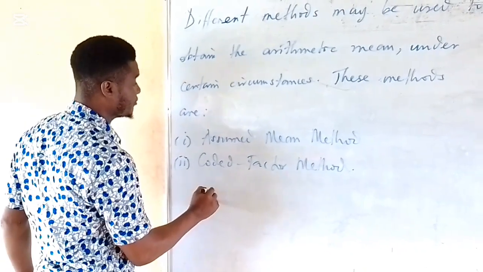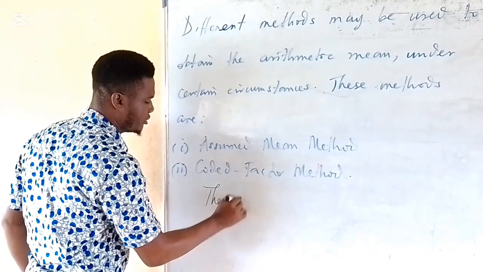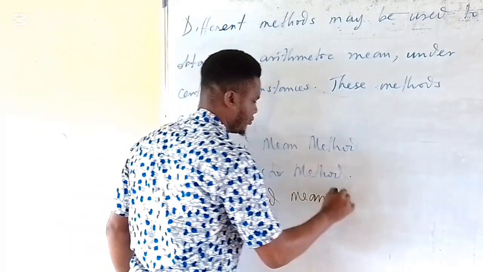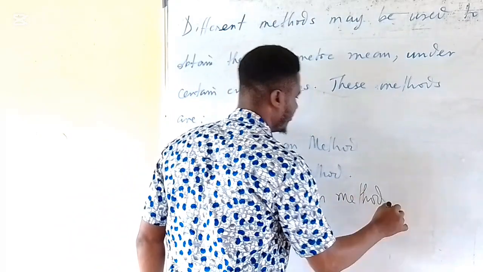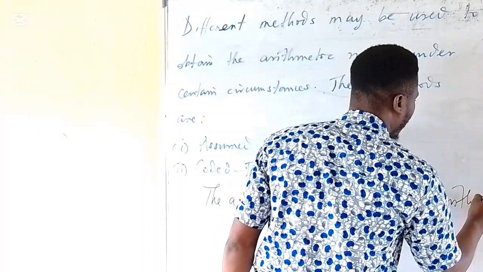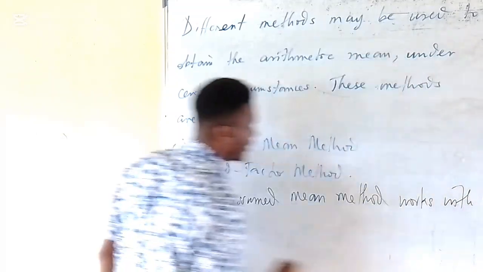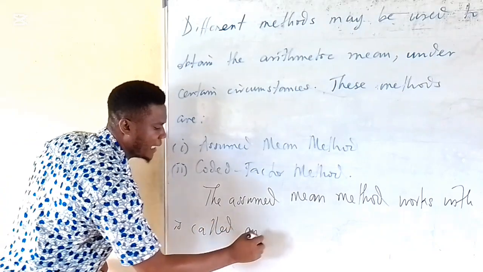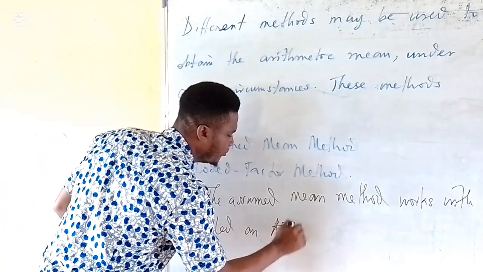So, let's write the assumed mean method. The assumed mean method works with what is called an assumed mean.